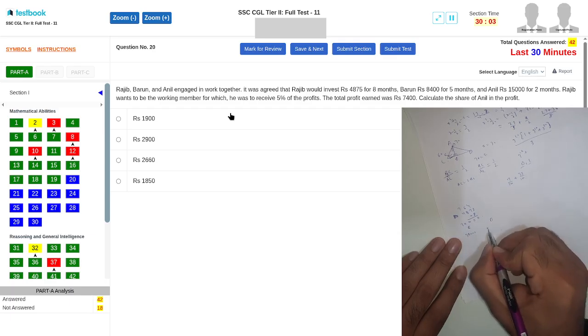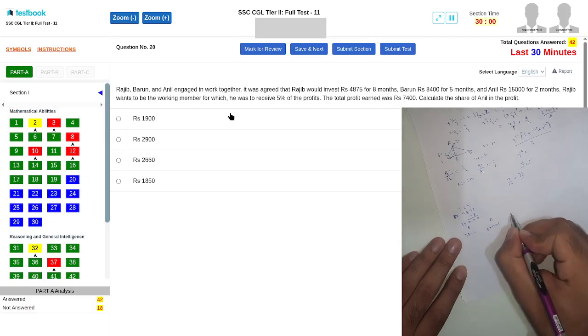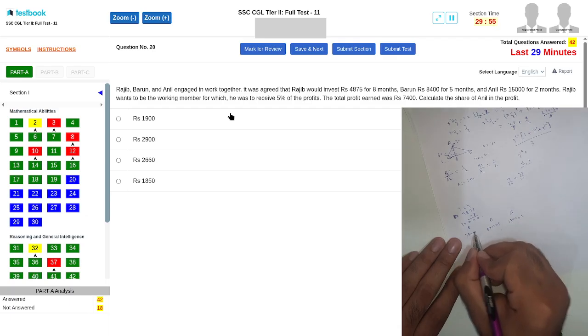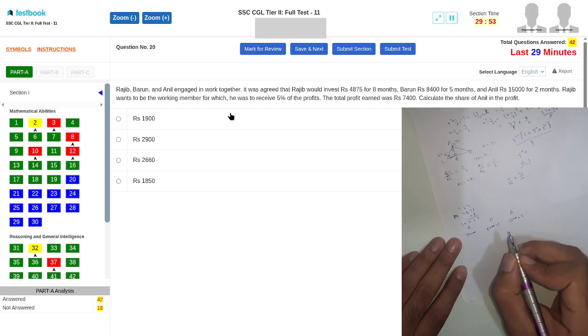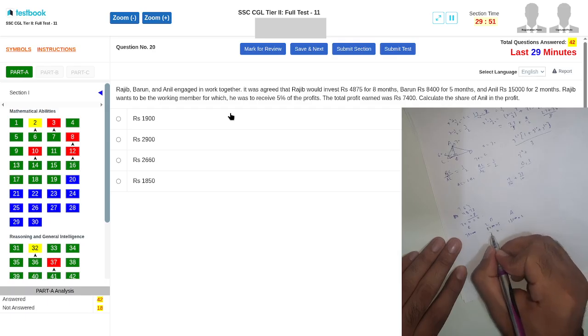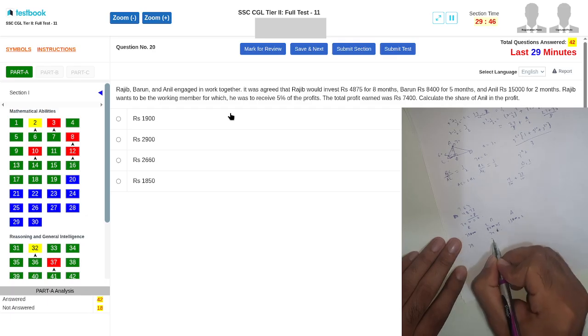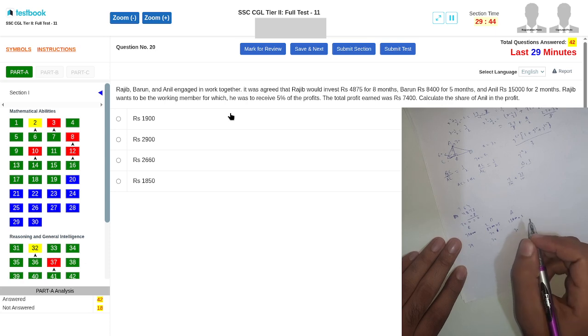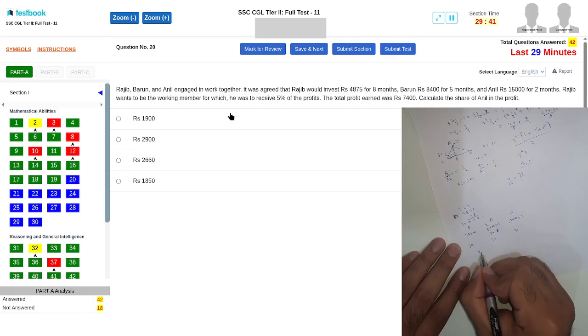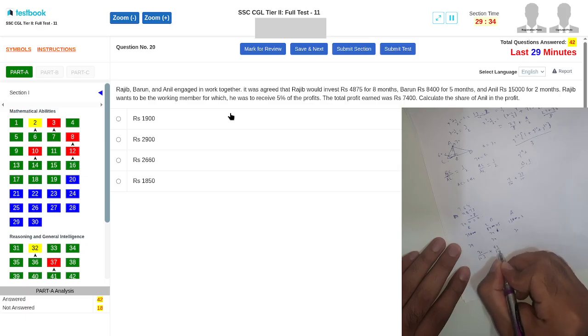Rajiv, Varun, 840025, Anil 1553 into 20 20 20 340, तो 10 10 10 39 34 30. अनिल 30 डिवाइड बाई 73 103 इंटू 95/100 इंटू 7400. इससे ये कट गया.